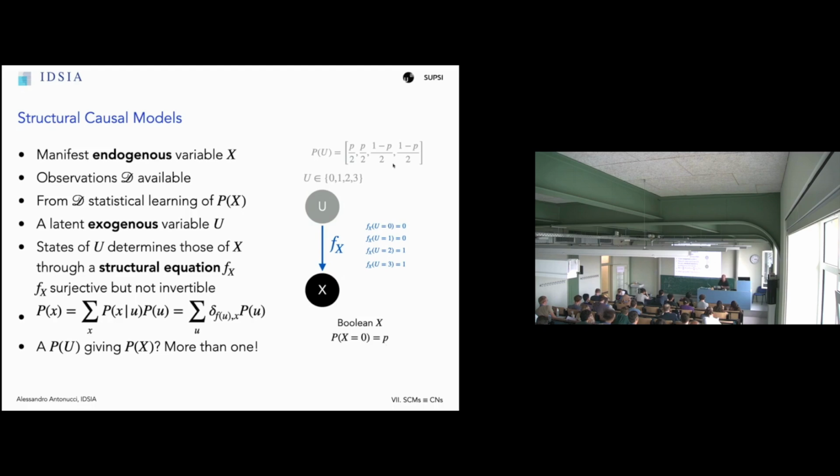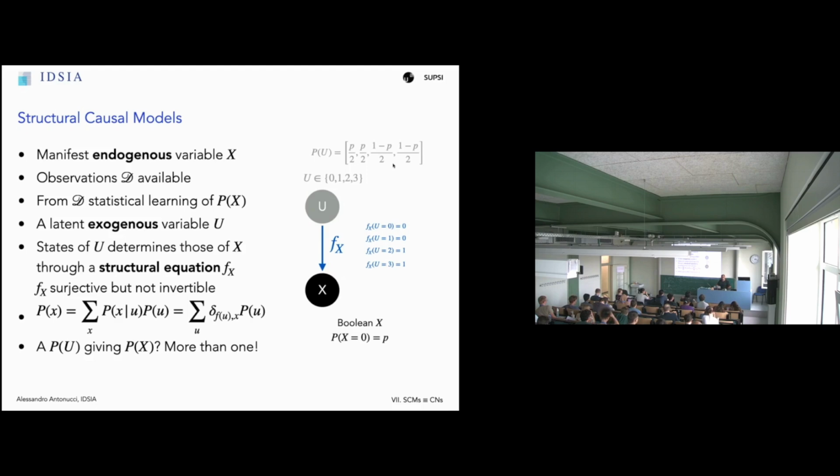So what I'm telling you is that if you have the model with the structural equation, and if you have the observation over x, you can back propagate from x to u this probabilistic information. But this is not a one-to-one mapping. So eventually you don't get a P of u. You get a collection of P of u.